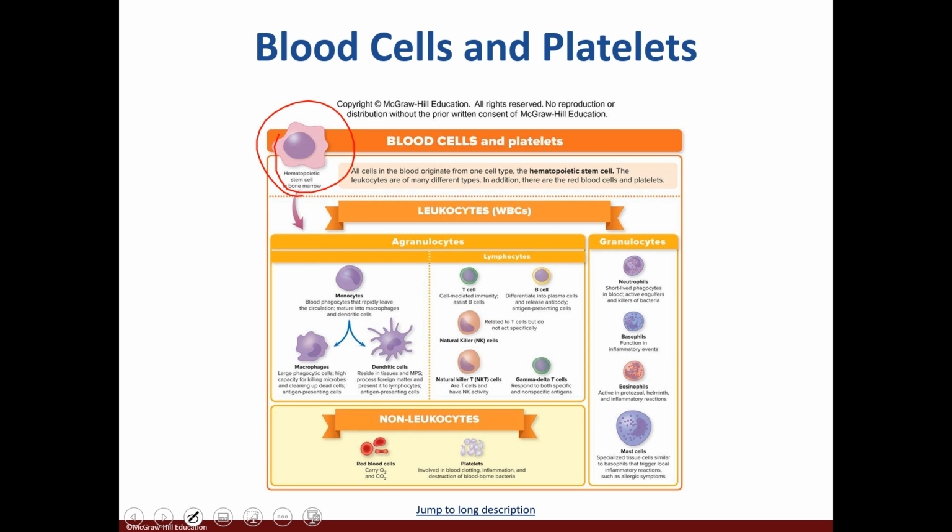The agranulocytes also are the lymphocytes, which include B cells, T cells, NK cells, and gamma delta cells. The granulocytes, which have granules in their cytoplasm, are your first responder phagocytic neutrophils, the basophils, eosinophils, and mast cells. The hematopoietic stem cell also gives rise to red blood cells and platelets.